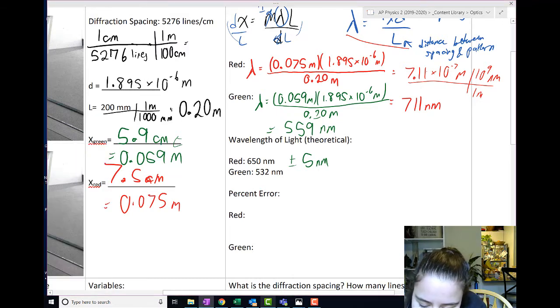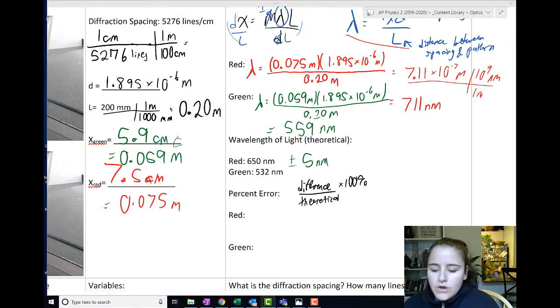Remember, for percent error, it's always going to be the difference between the values, divided by the theoretical. And then you times it by 100 to get it in percent form.